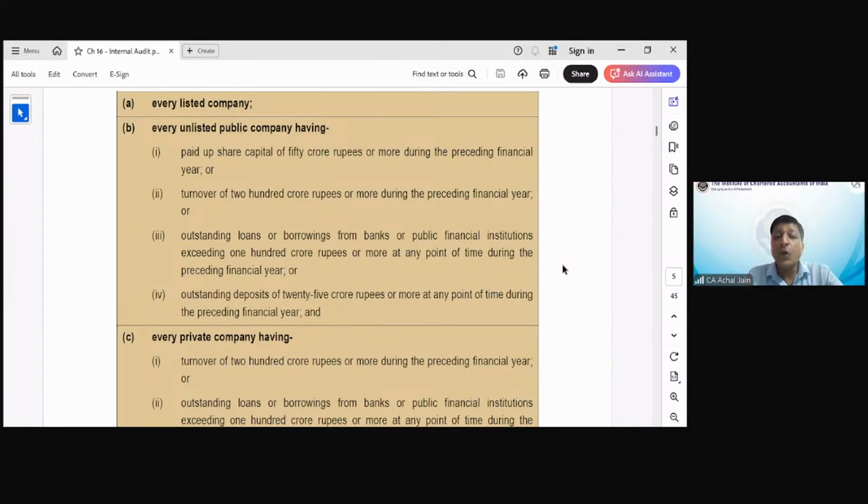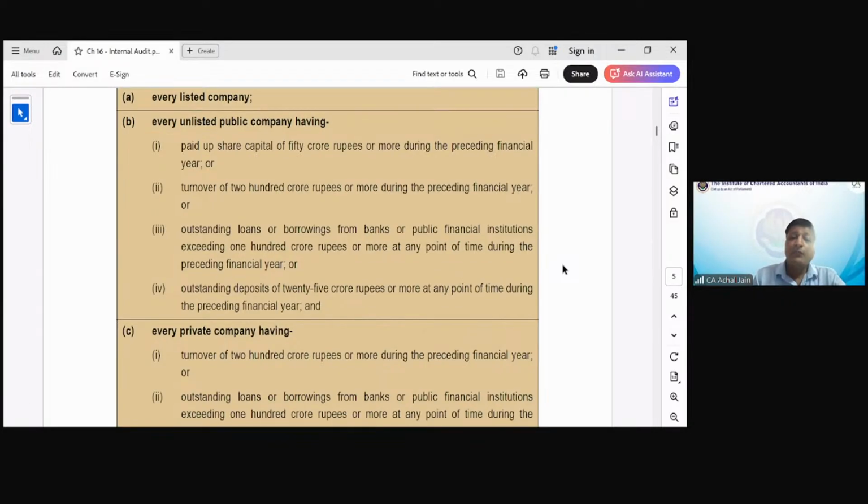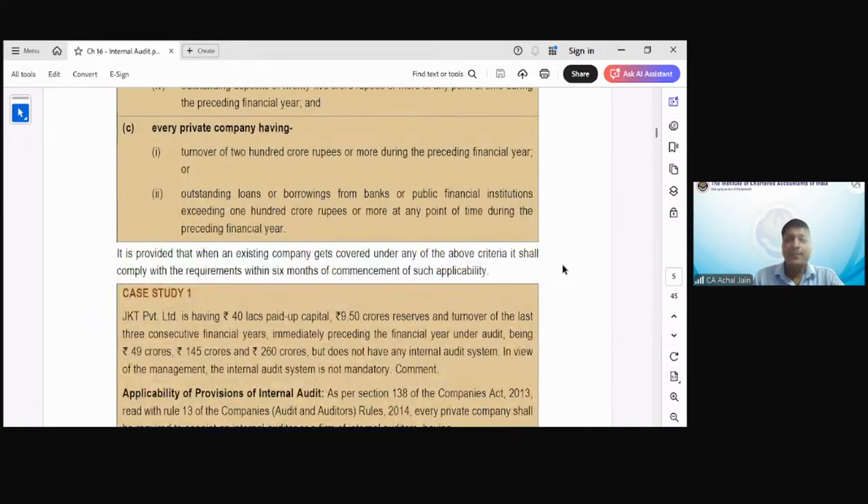Outstanding deposits of 25 crore or more at any point of time during the preceding financial year. Third, if we look at a private company, it has to be turnover of 200 crore or more, or outstanding loan or borrowing exceeding 100 crore or more.